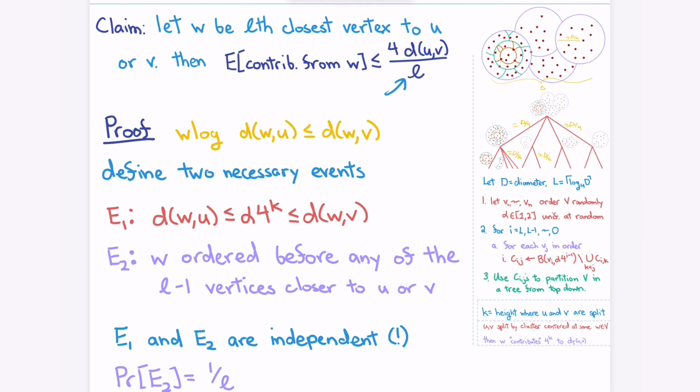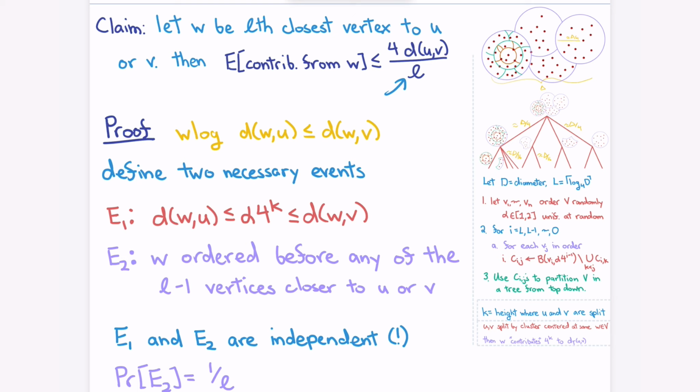So I just want to analyze W's contribution in this somewhat convoluted algorithm. If some other closer vertex was ordered before W, then it will always be scooping U or V or both before W has a chance to scoop out U or V or both.